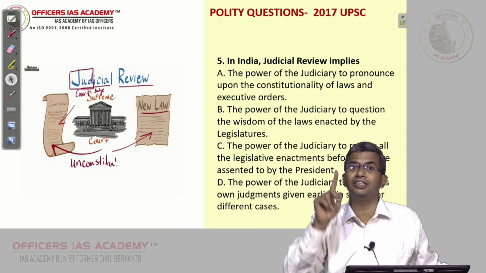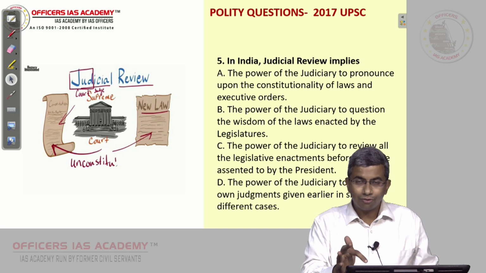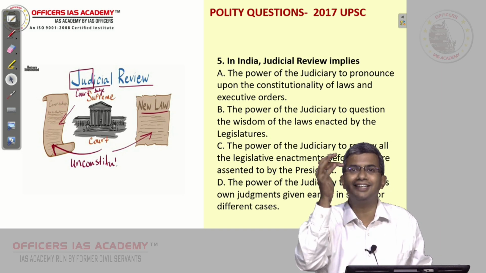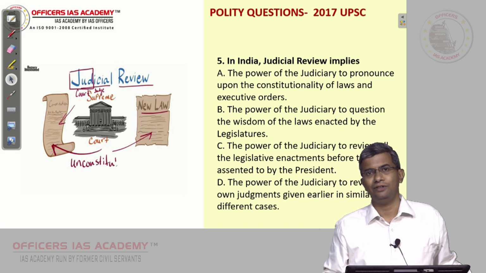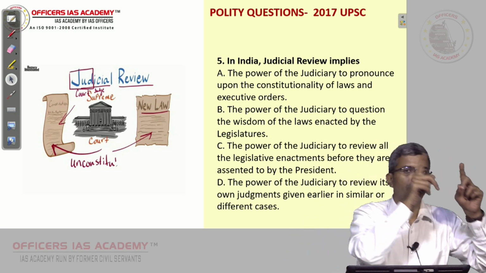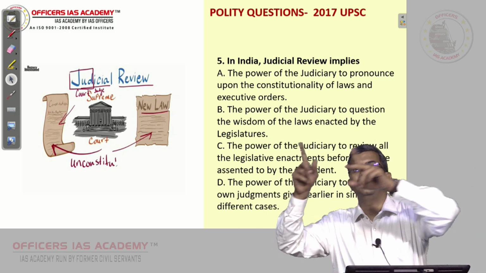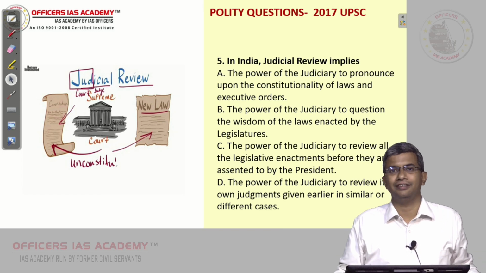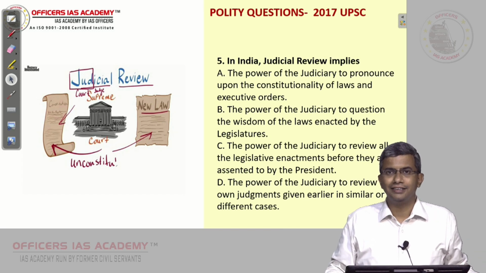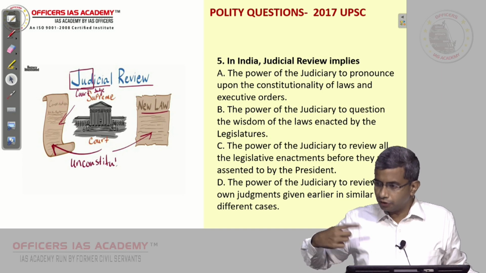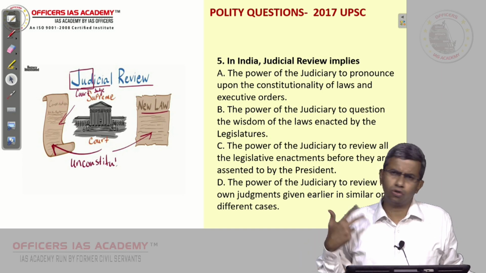It's the review jurisdiction. But what is the question? What does judicial review imply? Judicial review is the power of the courts to review legislation and executive action. Understand? Is that clear? So review is review of its own judgment. That's the review jurisdiction. There are so many examples like that.